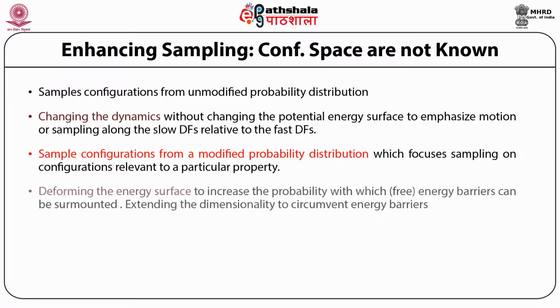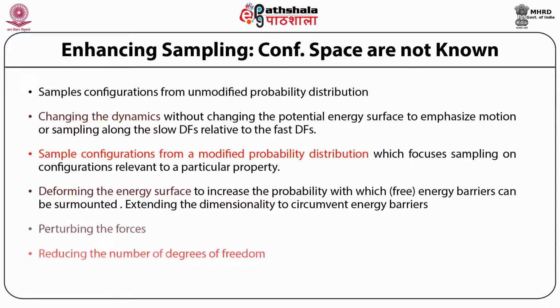Another is that we constantly put in another energy or a function so that it deforms the energy space, so it increases the probability of reaching the energy barrier quite fast, within our time scale. That means the trajectory will be accessing that. Another is using some forces.